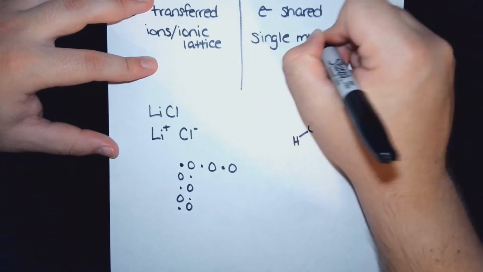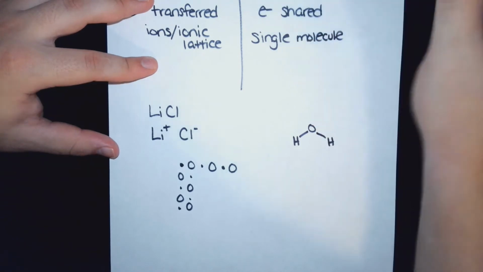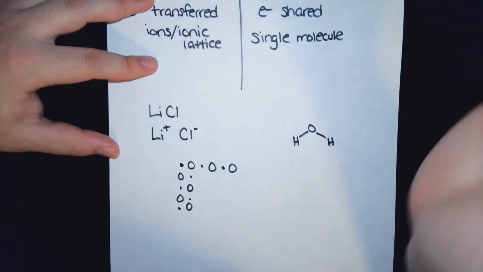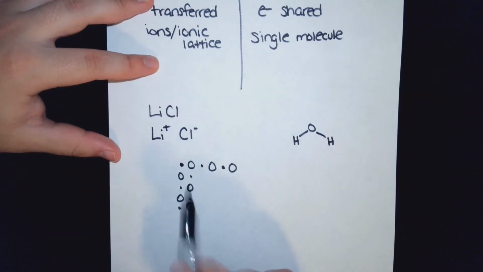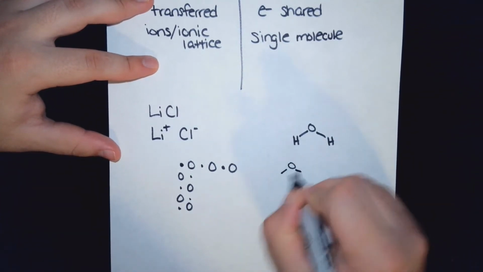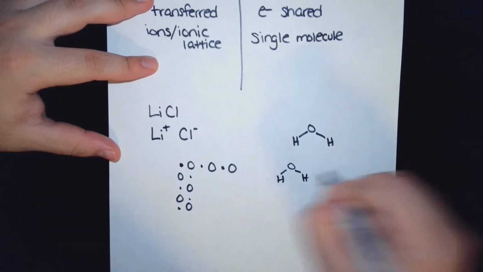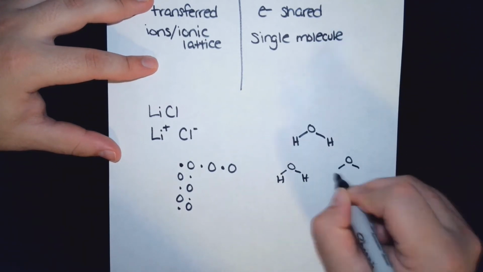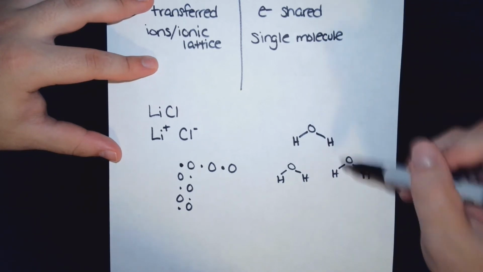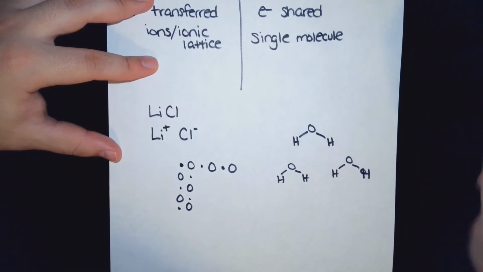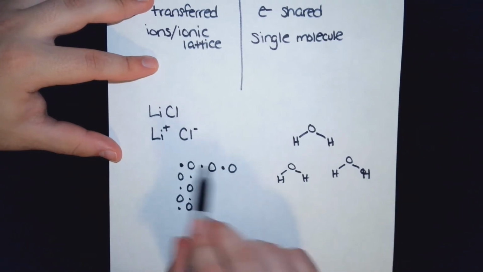There are ways to get covalent molecules into crystals, but that's not how they naturally form. Even if they do form into crystals, they form as single molecules that just happen to be near each other. So all these water molecules are still individual molecules that just happen to be near each other, but not actually forming ionic bonds with each other.